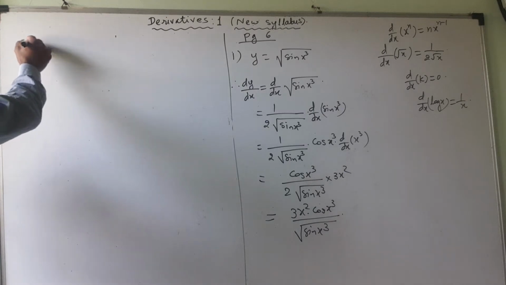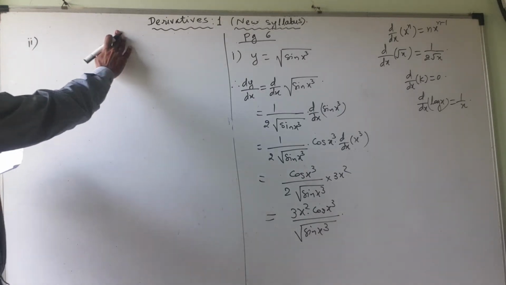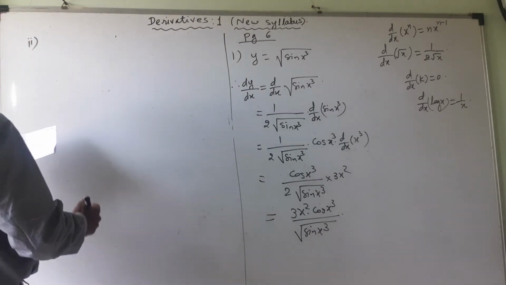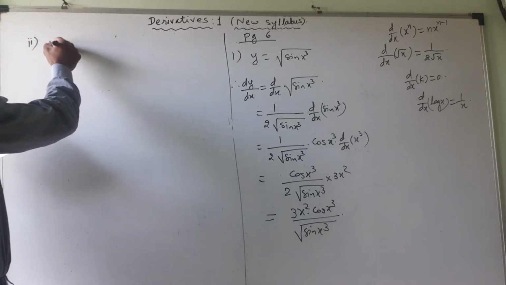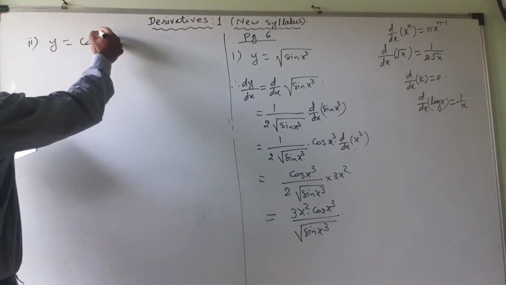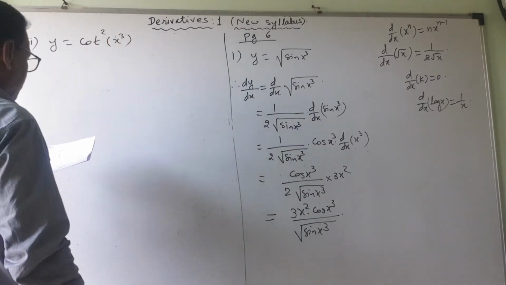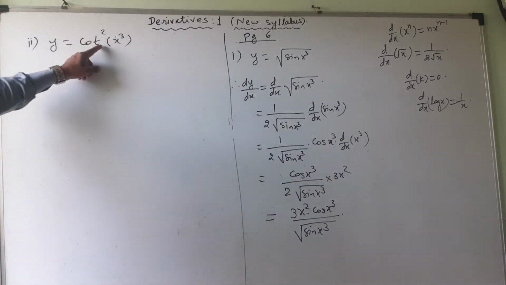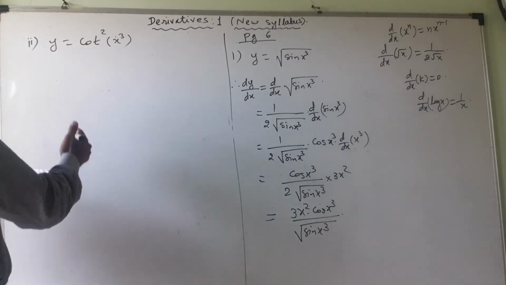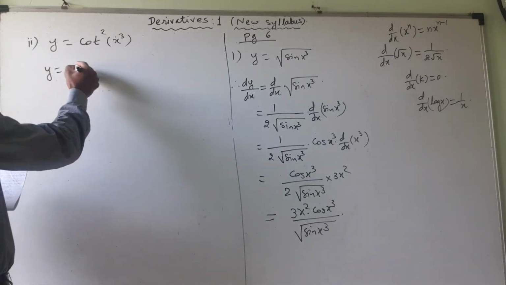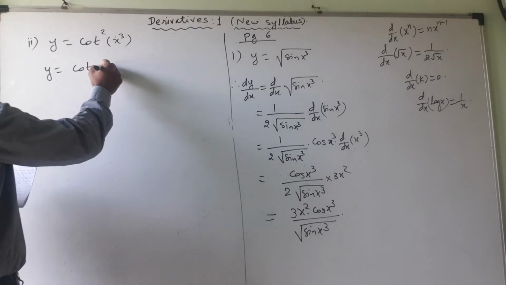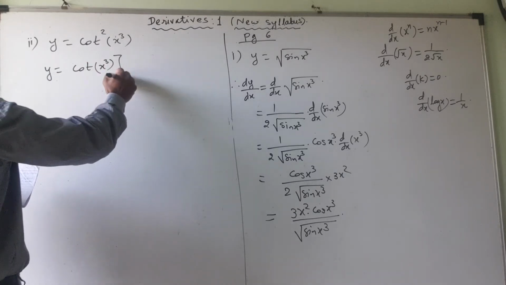Now the second sum, I have selected some very important questions from page number 6. Y is equal to cot square x cube. Here it is the square and angle is x cube. So I can write it as cot of x cube and its square.